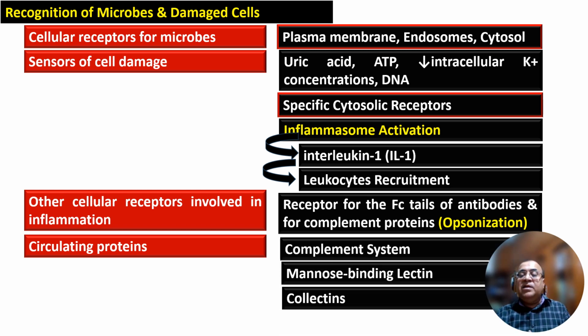Then there are some circulating proteins that are responsible for the recognition of these invading agents. These are the complement system, mannose binding lectin, and collectins. Collectins are part of innate immunity, and these are collagen containing C-type lectins.